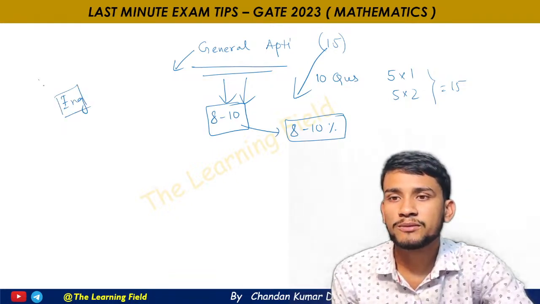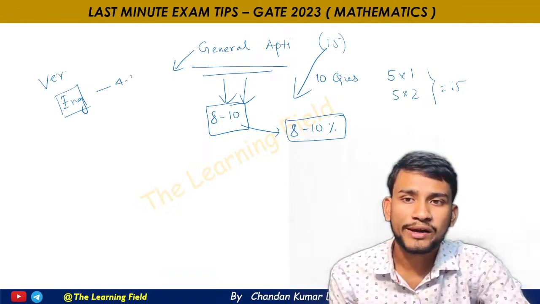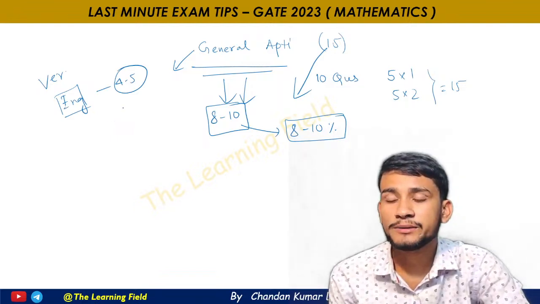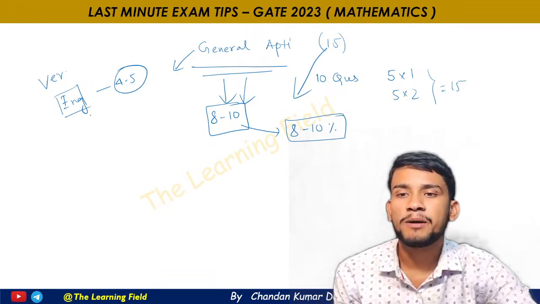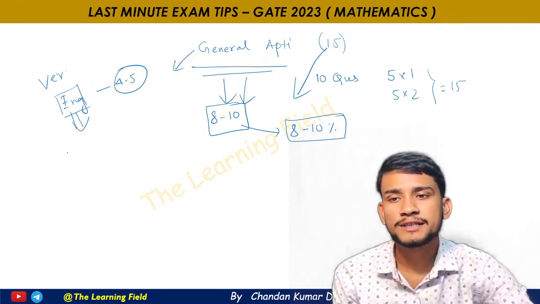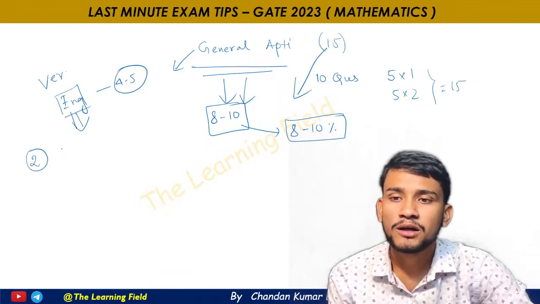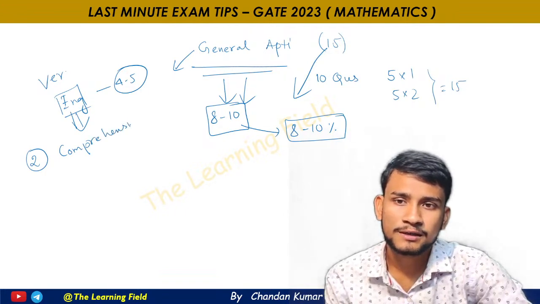From the verbal aptitude, that is the English section, we get 4 to 5 marks, and from the non-verbal section we get the remaining 8 to 10 marks. In the verbal section we get 2-mark questions from comprehension.